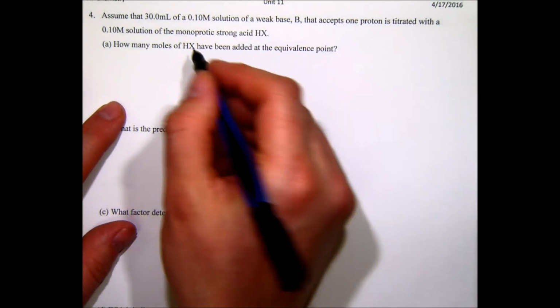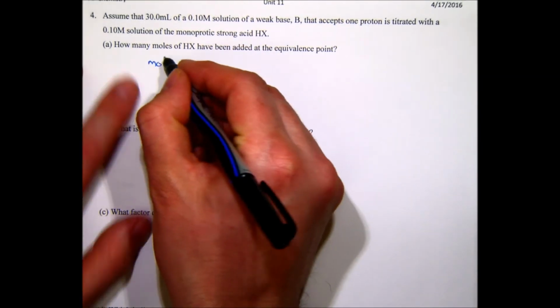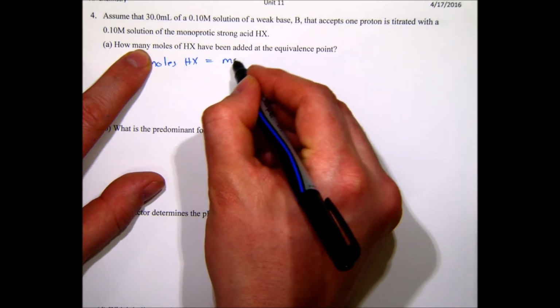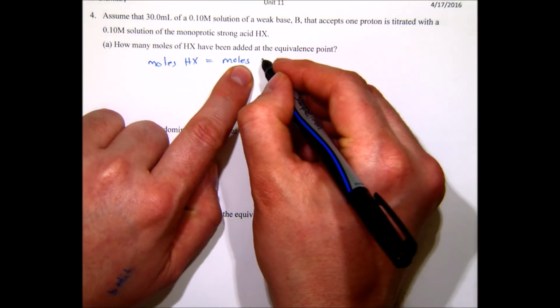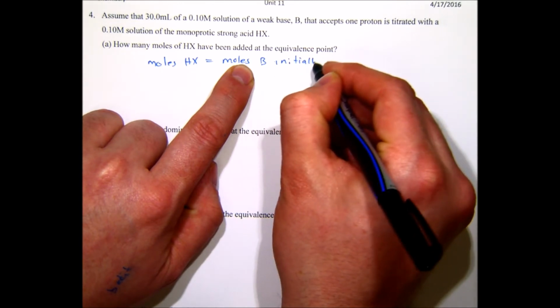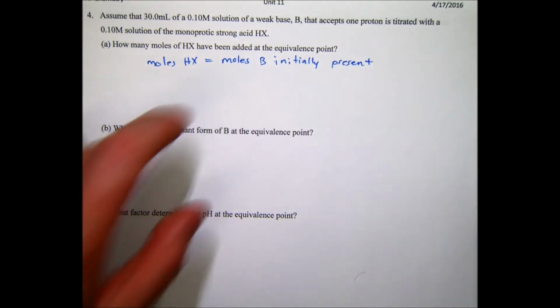So the word equivalence tells you what the answer is. At the equivalence point, the moles of HX must equal the moles of B initially present.